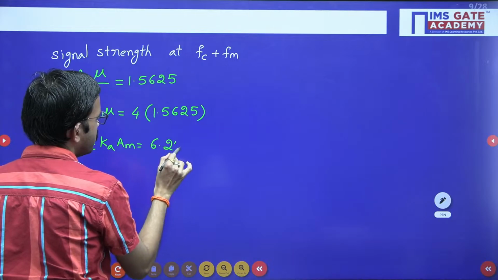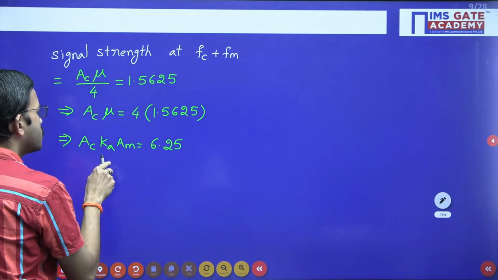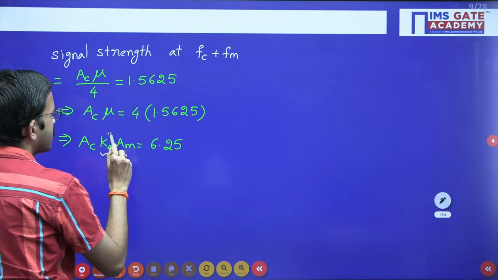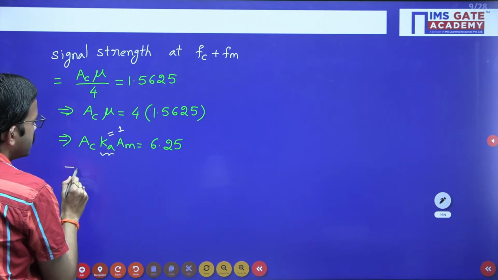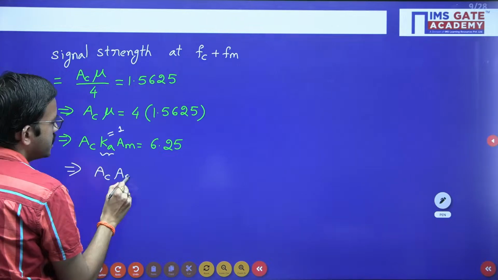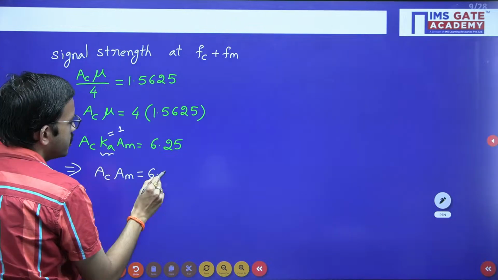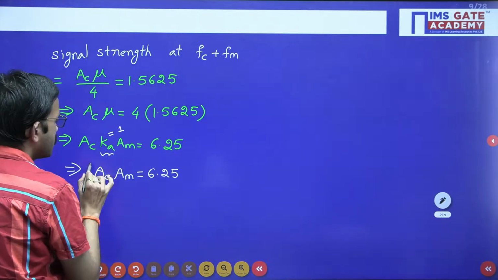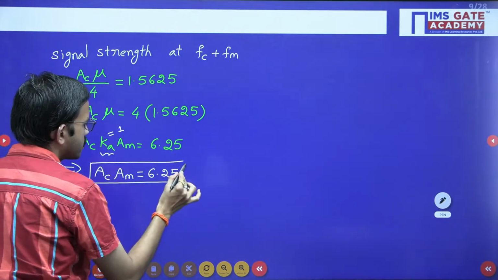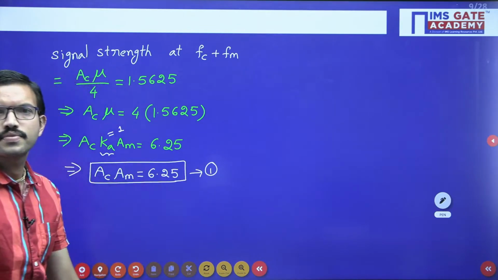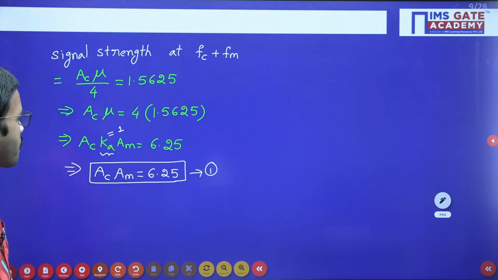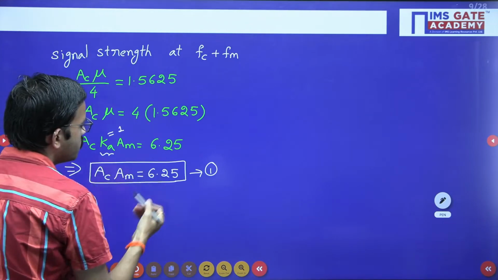You will get 6.25. Here also we are assuming Ka value as 1. So at that time we get AC into Am, and AC into Am is nothing but 6.25. You can assume this as equation number 1. Yes, very good Shiva.